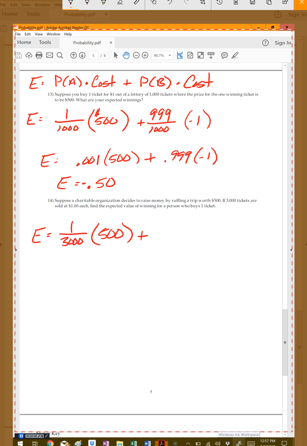And then if I have a 1 in 3,000 chance of winning, I have a 2,999 out of 3,000 chance of losing my dollar. So we'll take that, put that in our calculator. So I'm going to put these in as fractions this time, just to make sure it stays nice and neat on my end here. And our expected value for this is -0.83. So, or excuse me, 83, not 88.